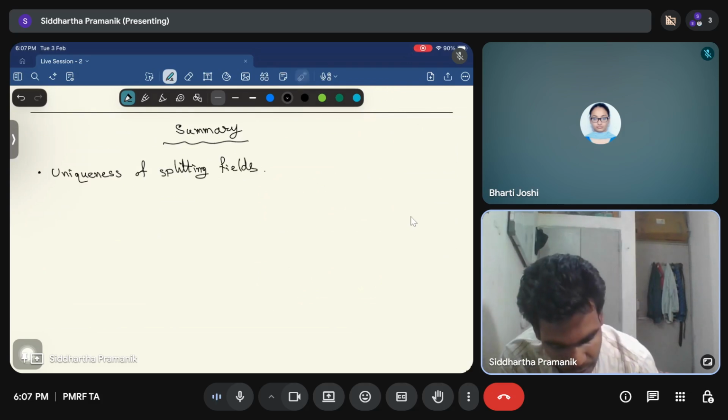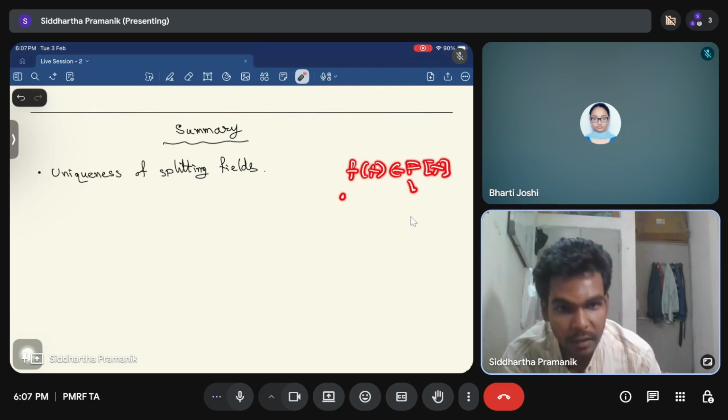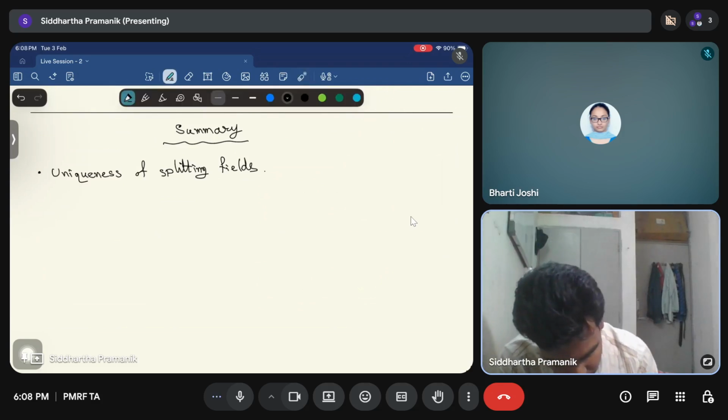That means if you have a polynomial, let's say f(x) over F[x], where F is a field, then its splitting field is unique up to isomorphism.